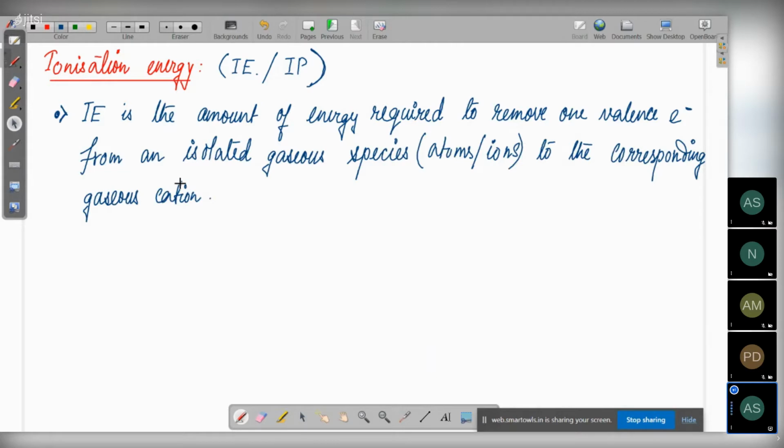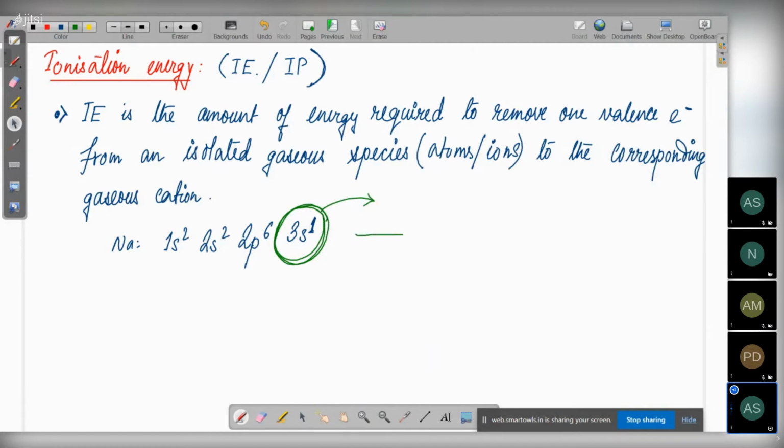Okay. So what do I mean by this definition? Suppose I want to take out an electron from the last shell. Suppose you have sodium, what is the configuration? Configuration of sodium: 1s2, 2s2, 2p6, 3s1. Suppose I want to remove this last electron.